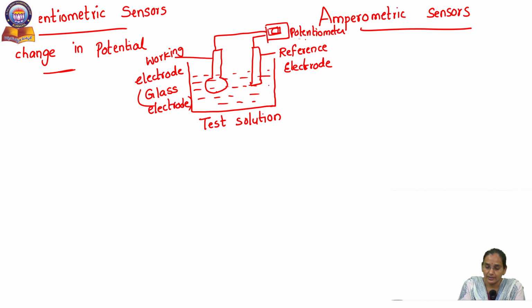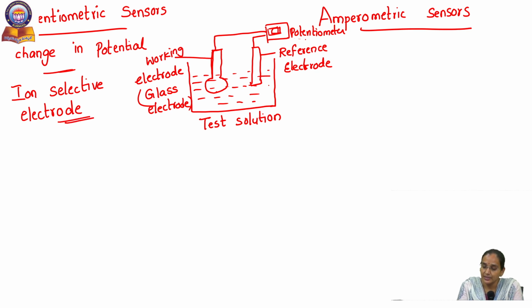For this we have to take an ion selective electrode. If we want to detect the concentration of any ion, we have to take an electrode according to that ion.